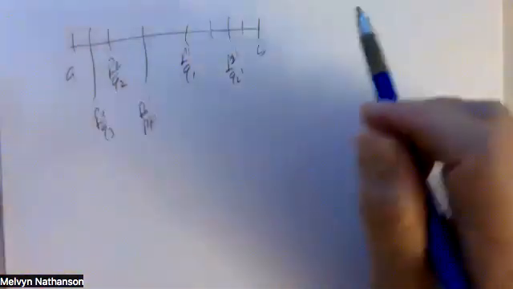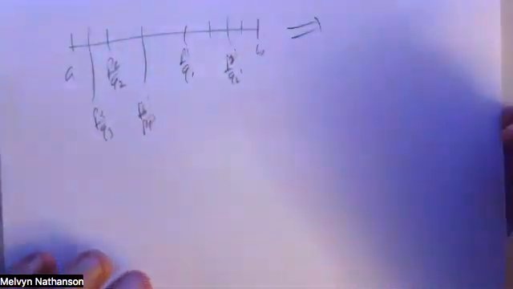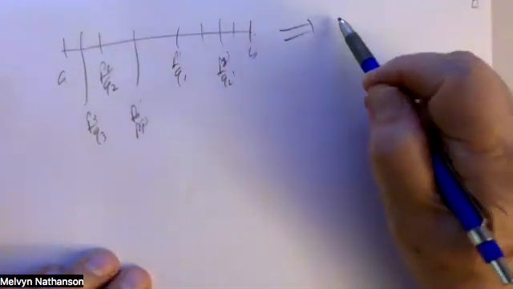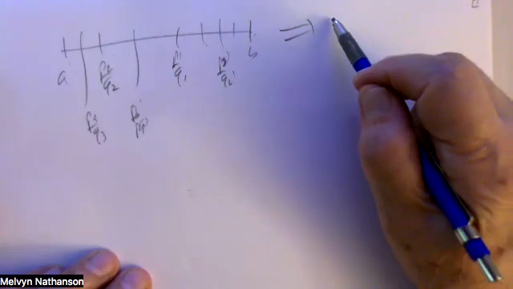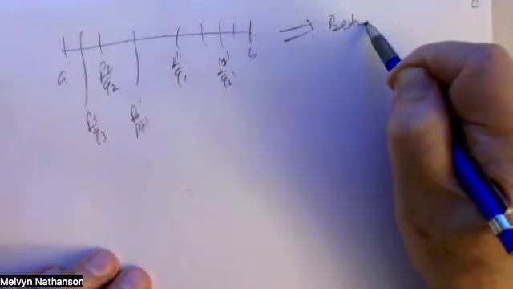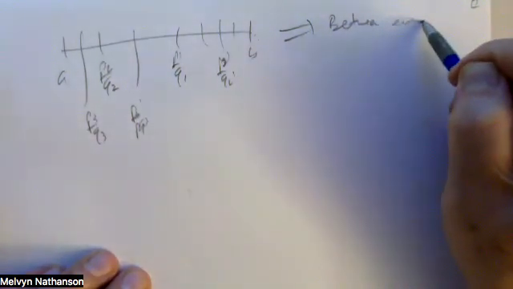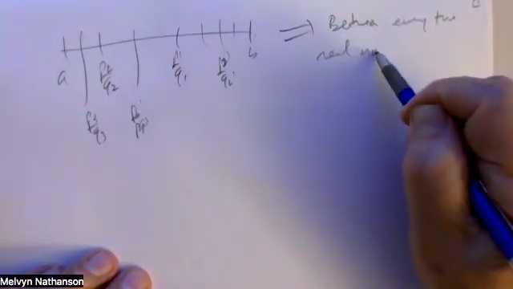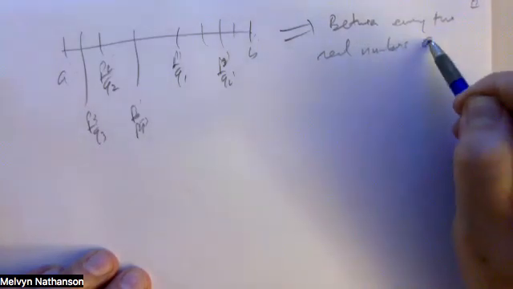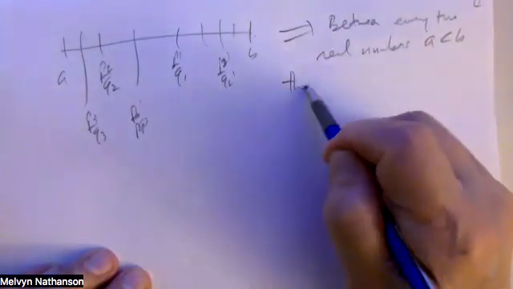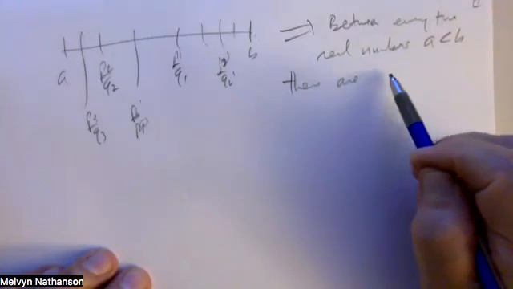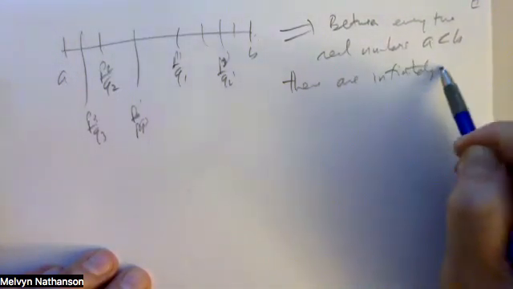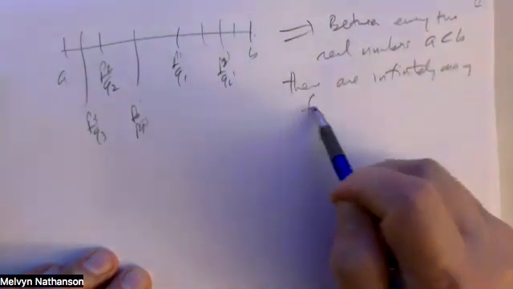And we continue this, and what we're led to is the following stronger statement, which says that between every two real numbers, A less than B, there are infinitely many fractions.